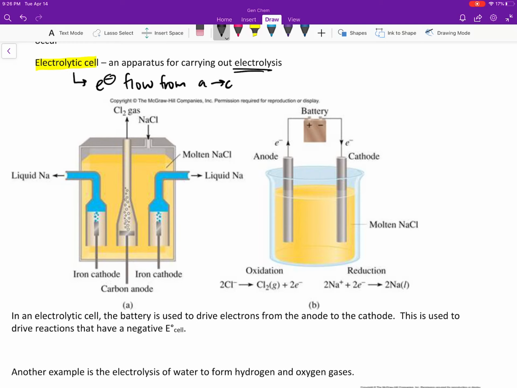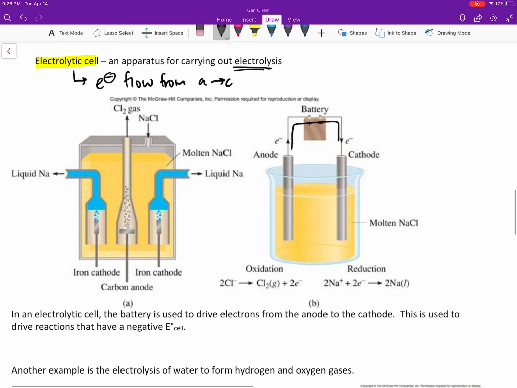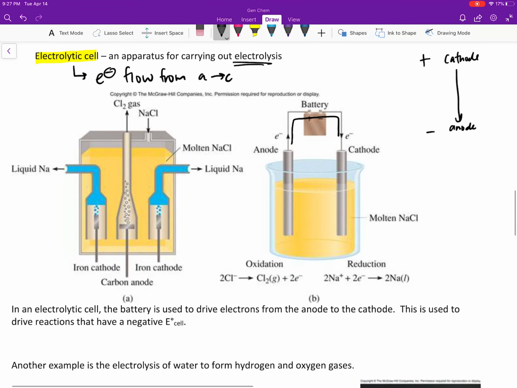So we're not changing the direction of electron flow. You can still see it's left to right, but we're changing which was likely to be the anode or cathode based on those standard reduction potentials. Because remember, the cathode, we said, was more likely to be these positive numbers, and the negative numbers were more likely to be the anode. We used the standard reduction potential values to predict cathode and anode, but now they're going to be the opposites.